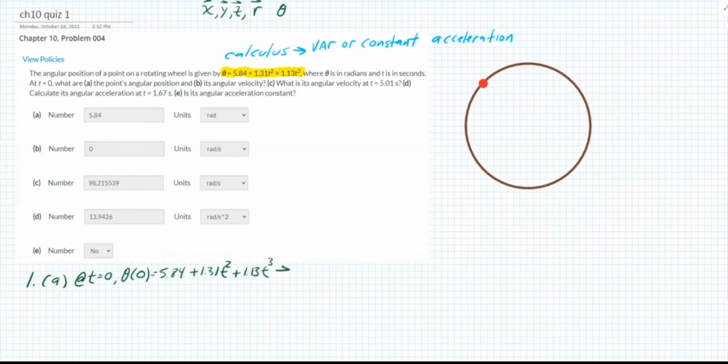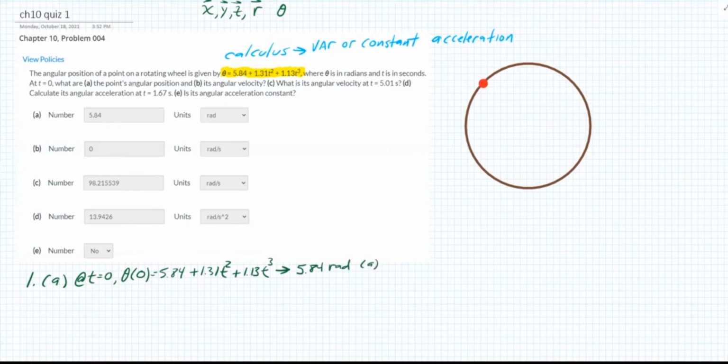Let's just plug and play and get the right answer at t equals 0. Well, I guess we're done. At t equals 0, the answer is 5.84 radians. That is the answer to part A.